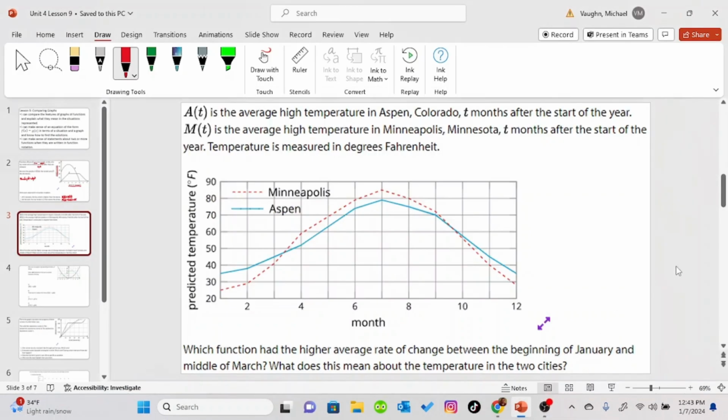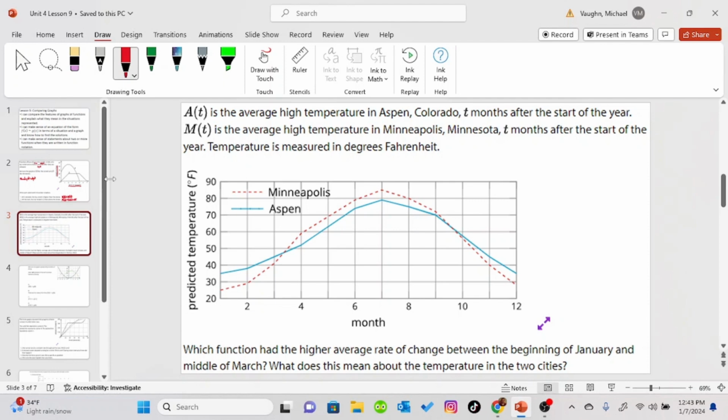A of T is the average high temperature in Aspen, Colorado, T months after the start of the year. M of T is the average high temperature in Minneapolis, Minnesota, T months after the start of the year. Temperature is measured in degrees Fahrenheit.